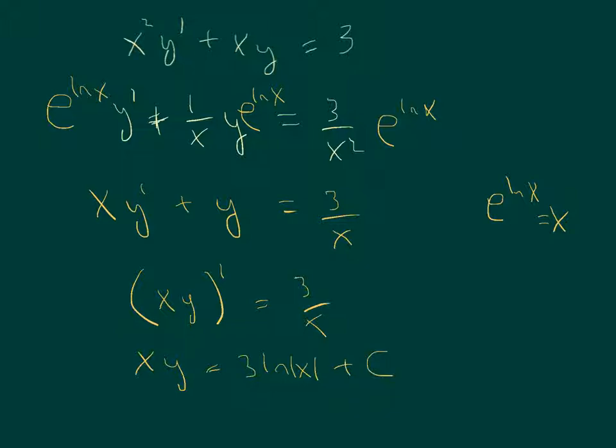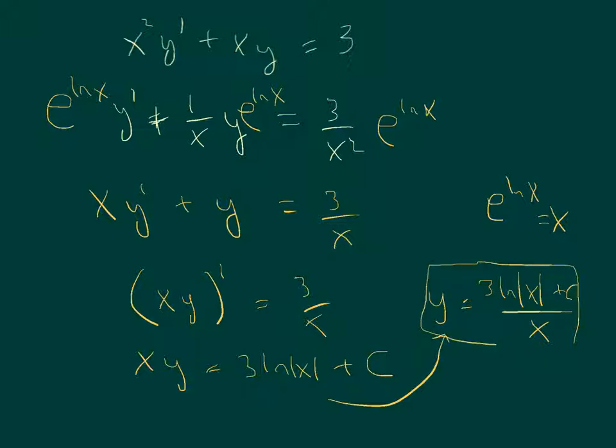And if I divide everything by x to solve for y, I get that y is equal to 3 natural log of the absolute value of x plus c, all over x, which I've also made a Desmos app for, where you can play around with different values of c to see how different the various solutions of this differential equation look.